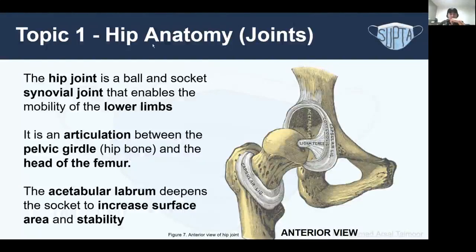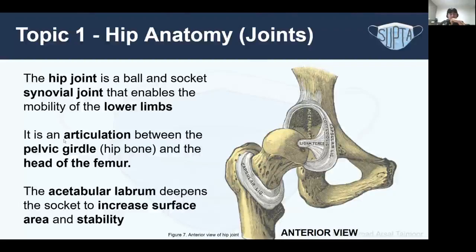So the hip joint, like I mentioned, it's a ball and socket joint. It's a synovial joint, and essentially it's what controls the mobility of your lower limb. So because it obviously controls that, you have to imagine that the range of motion has to be quite wide, right?